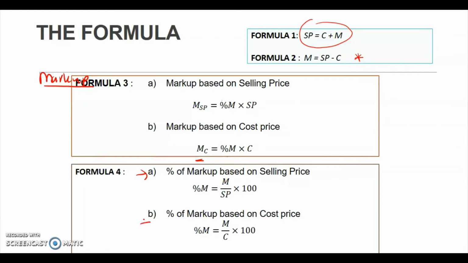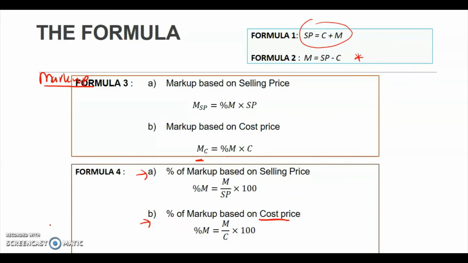The second formula finds the rate of markup based on cost price: the percentage equals M divided by C, markup divided by cost price, multiplied by 100.